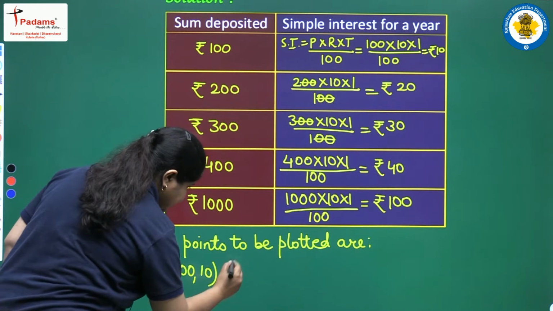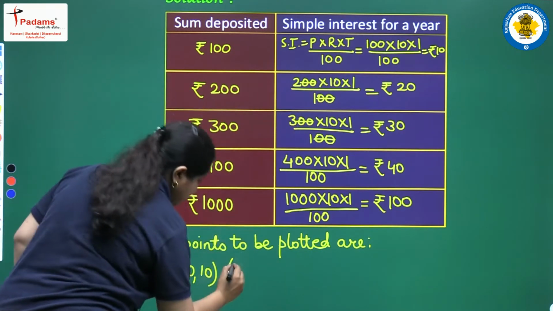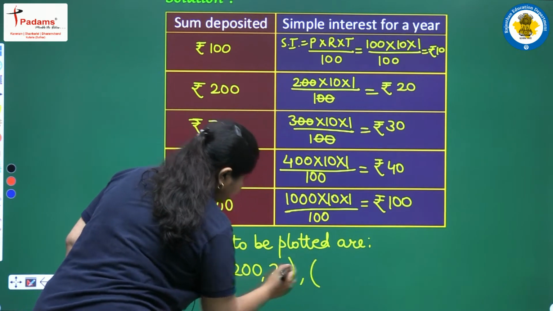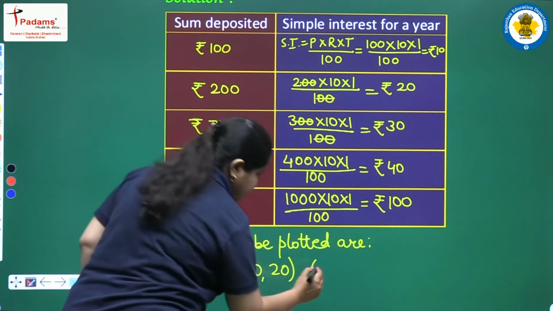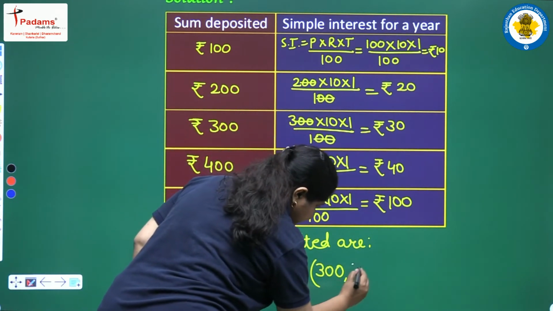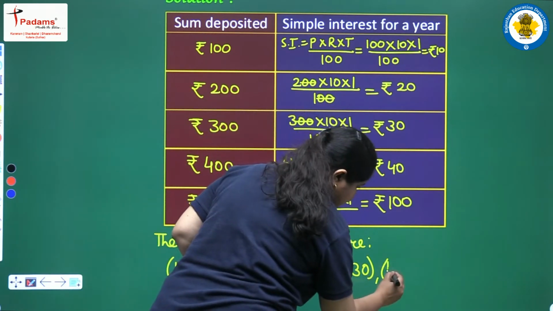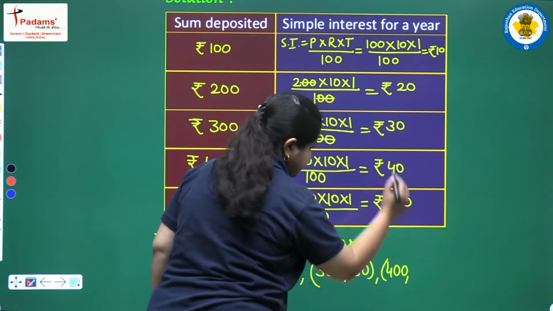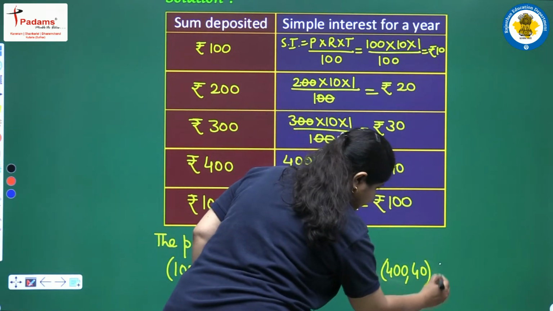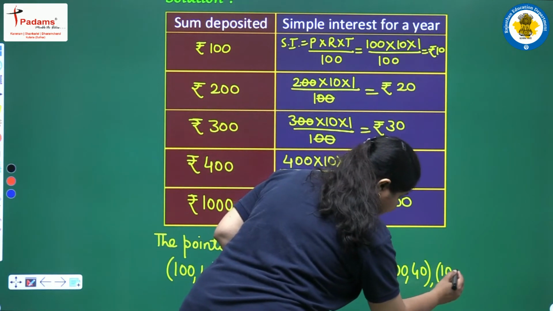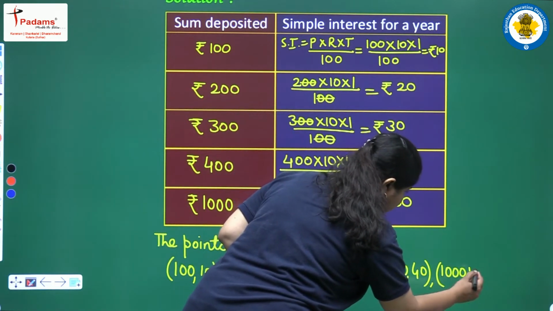Then the second point is 200 and 20. Then we have the third one, 300 and 30. Fourth point, 400 and 40, and the last point that we have written here is 1000 and then 100.